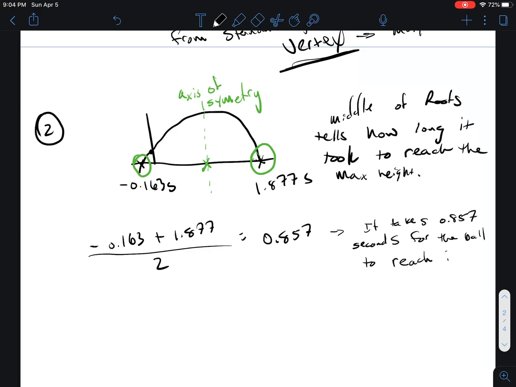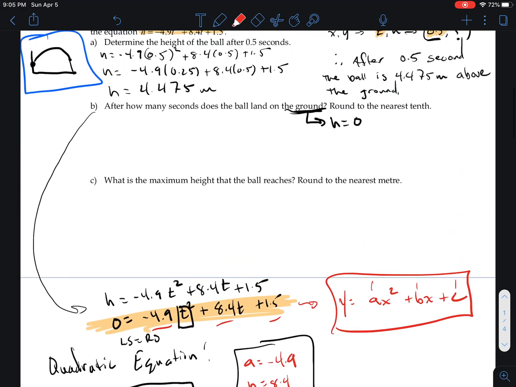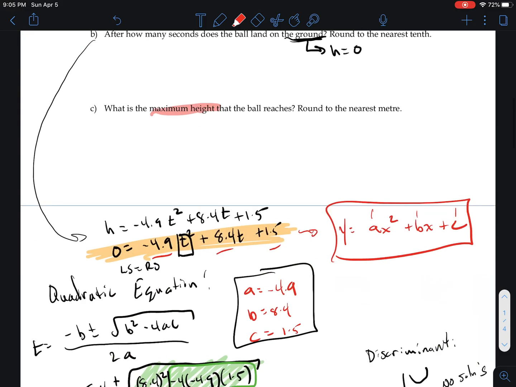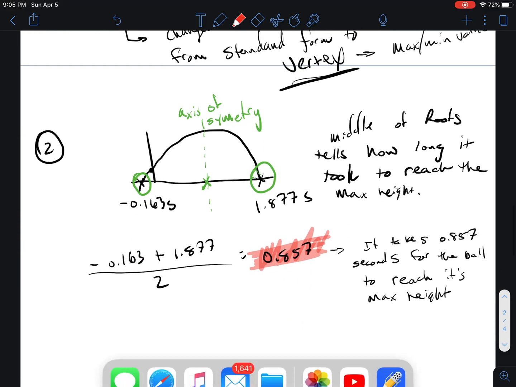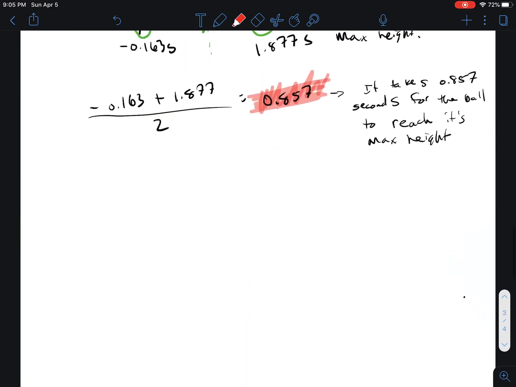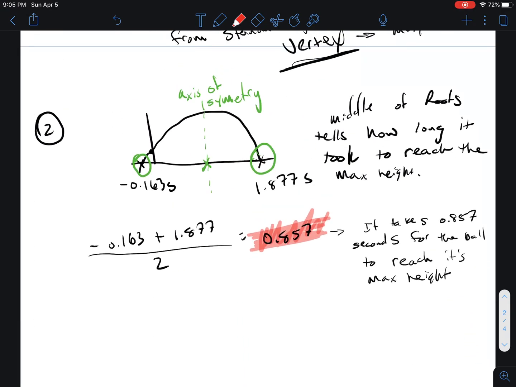But that's not what the question's asking. Right? If we look back up here, what is this question actually asking for? If we go back up, what is the maximum height? Okay, well, we know how long it takes, right? So if I know how long it takes, that's this point right here, the t value there, right?